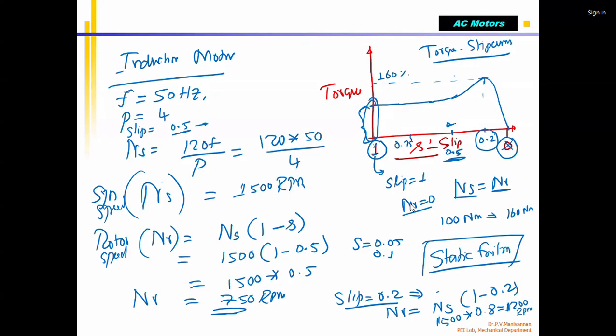Then another thing we already talked about is slip speed. Correct? Slip speed is going to be NS minus NR divided by NS. Correct?